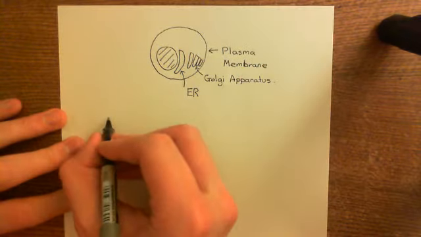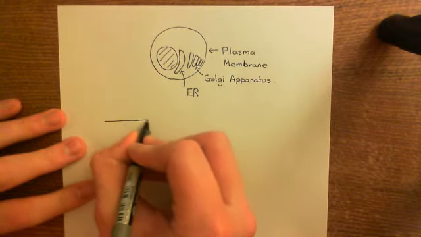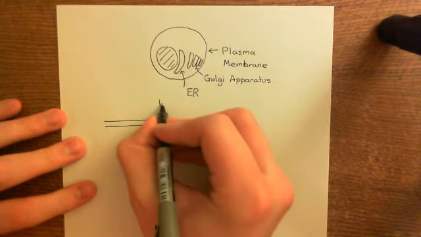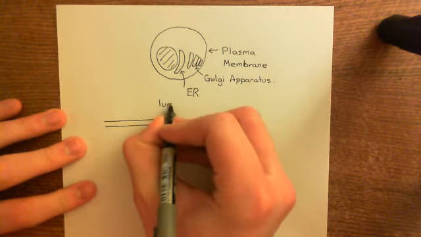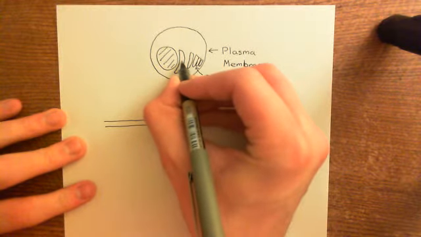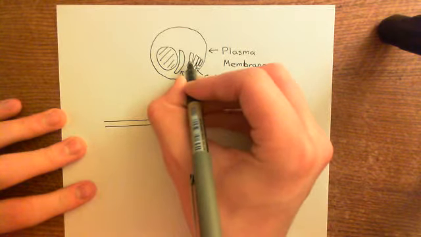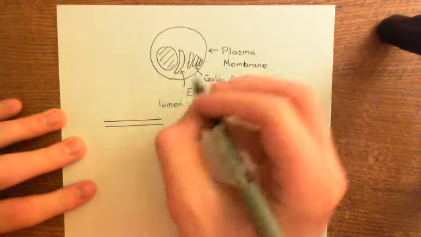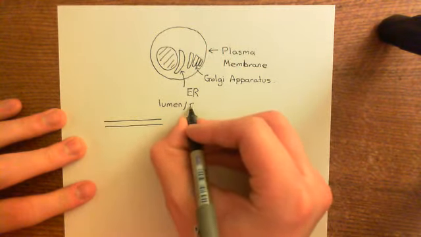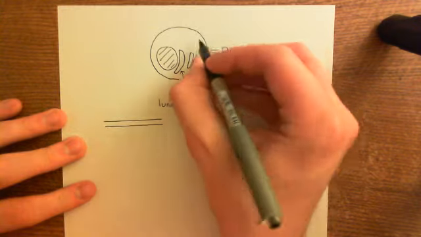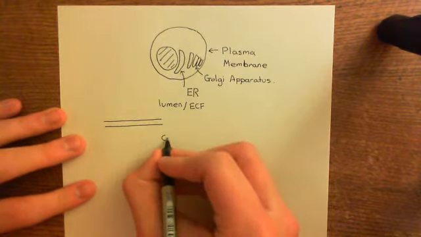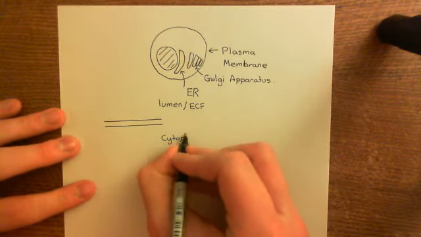Now, the way I'm going to draw this picture, I'm going to draw the phospholipid bilayer here, and this side of the membrane will always represent the lumen. So if we're talking about the ER membrane, this will be the inside of the ER, or if we're talking about the Golgi membrane, this will be the inside of the Golgi, or if we're talking about the plasma membrane, we can't really call it a lumen anymore, it's the extracellular fluid. So if we're talking about the plasma membrane, this side will be the extracellular fluid. And this side will always represent the cytoplasmic side.